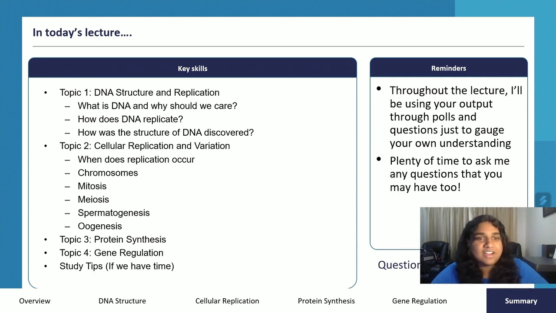Cellular replication and variation. So this is us talking about mitosis, meiosis, and then how egg cells and sperm cells are created. As well as protein synthesis, which you might remember from grade 10, and gene regulation. If we have time, I can go through some general study tips, but this lecture is pretty packed.